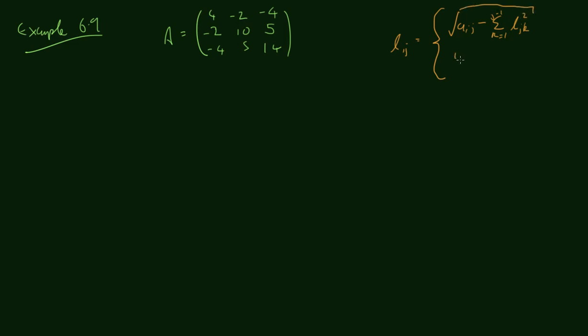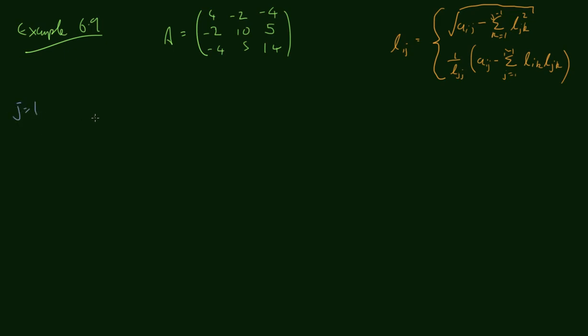My writing's getting worse and worse, so I hope you can read it. If not, just check out the lecture notes where it's all typed out. And for the off-diagonal, it's the sum over k from 1 to j minus 1 of Lik Ljk.